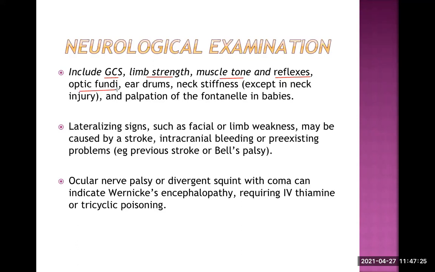Look for the optic fundus, or examine the fundi. Fundi means examination of the retina with the help of fundoscope or ophthalmoscope. Examine for eardrum, examine for neck stiffness, and palpation of the fontanelle should be done in case of small babies who are less than 18 months of age. So these are the other things we like to do.